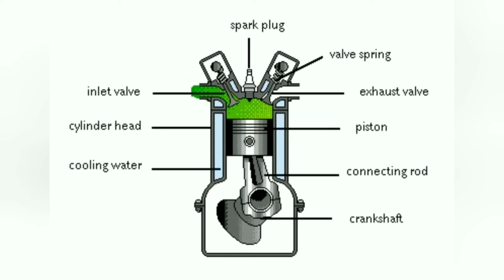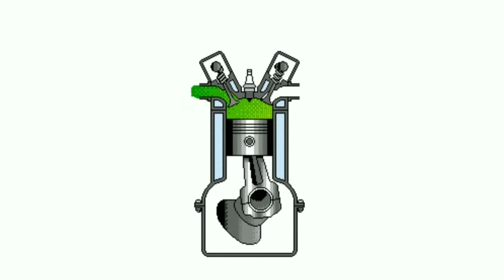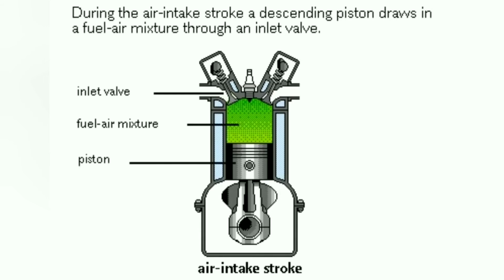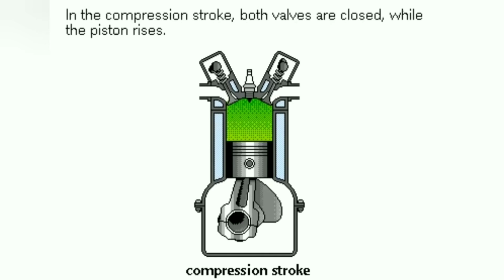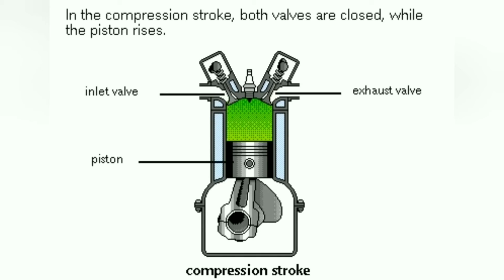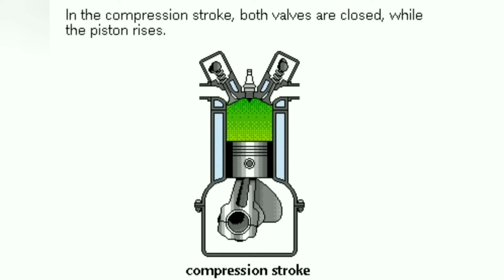A 4-stroke engine, the type of motor found in most automobiles, uses 4 strokes in its power cycle: intake, compression, power, and exhaust. During the intake stroke, a descending piston sucks in an air and fuel mixture through an intake valve. The valve closes and the piston rises, compressing the air and fuel to an explosive level.